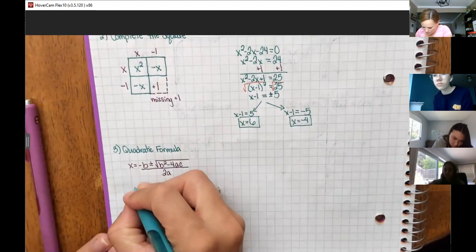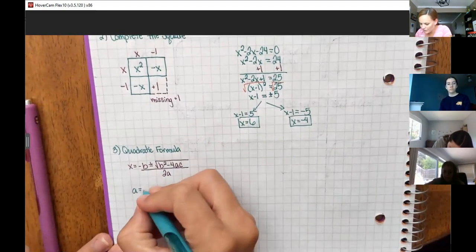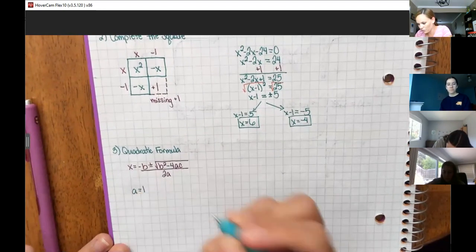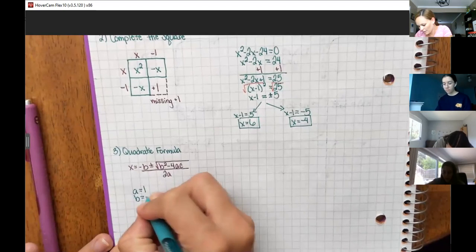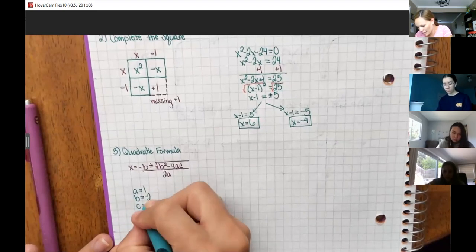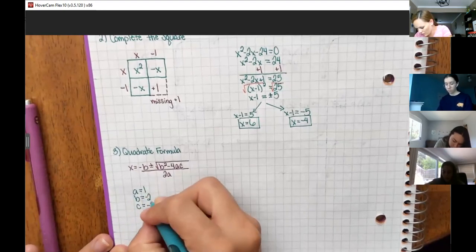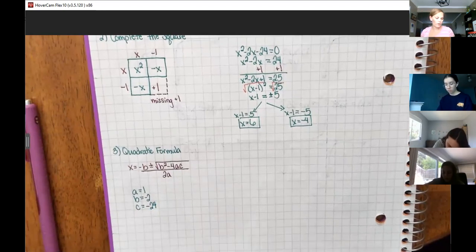So in our equation, a is the number in front of x squared, a is 1, b is the number in front of x. So b is -2, and c would be our constant, which is -24.